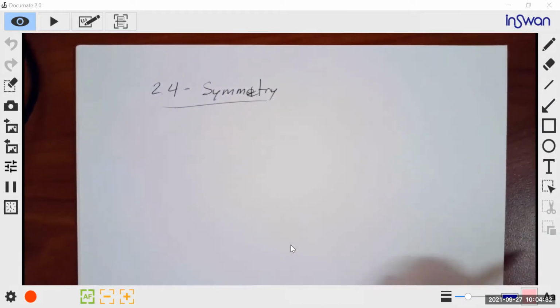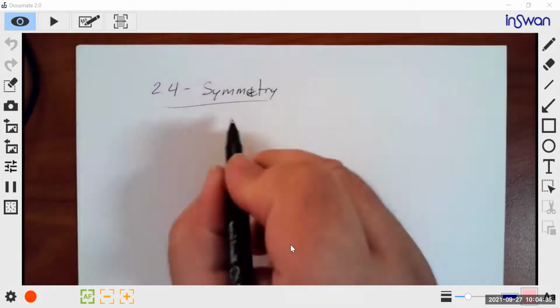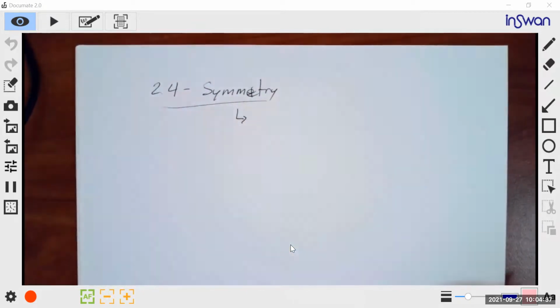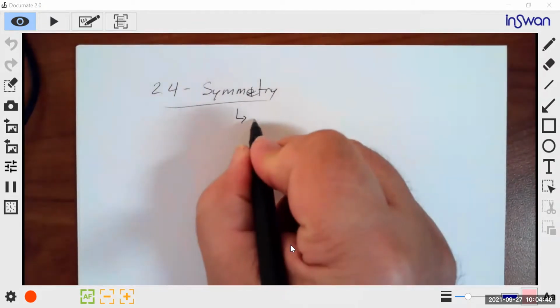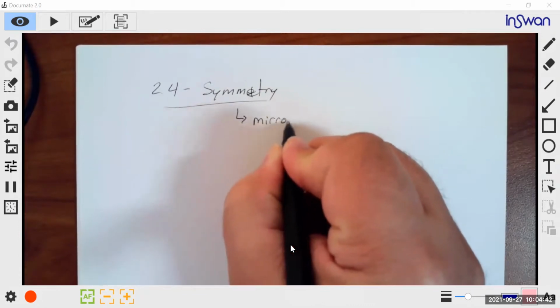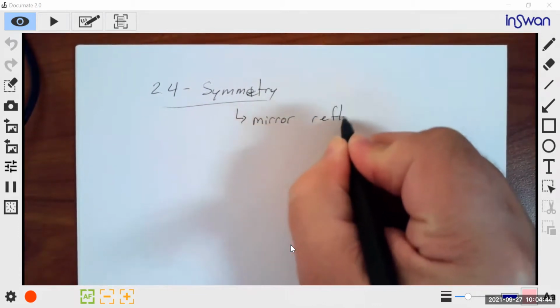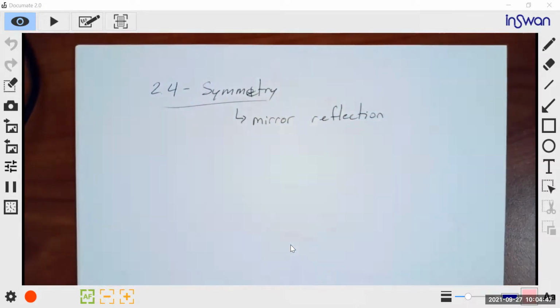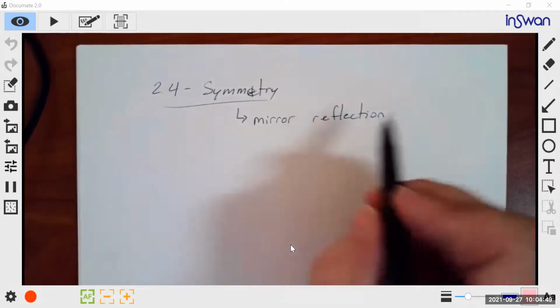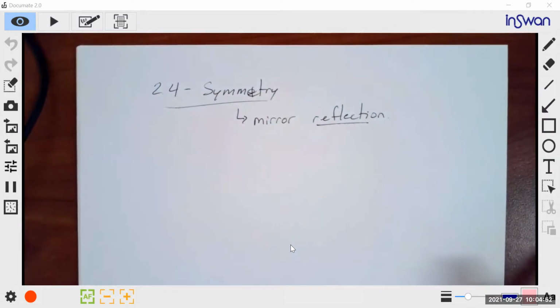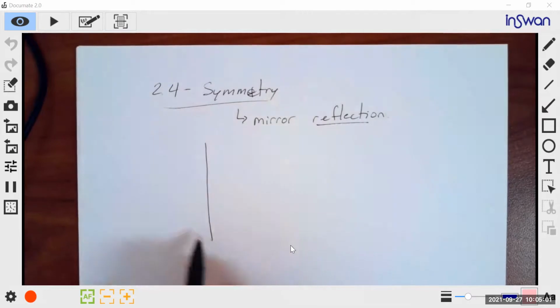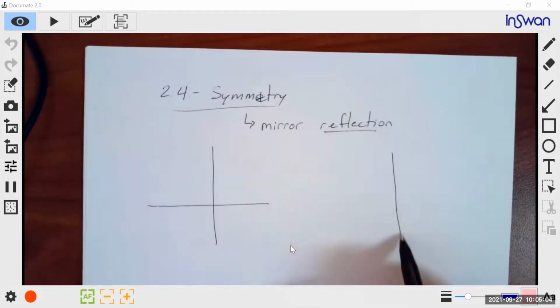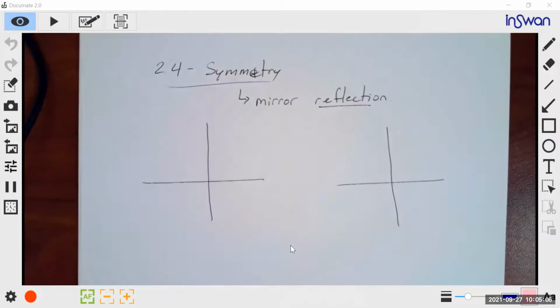What does symmetry mean? A mirror reflection. Because we're going to use the word reflect a lot. Let me look at two graphs here.